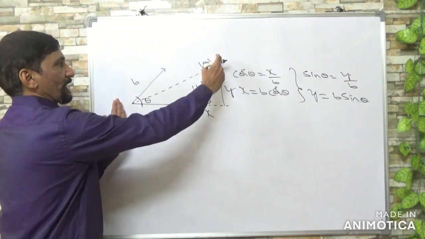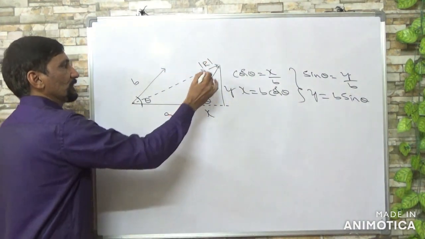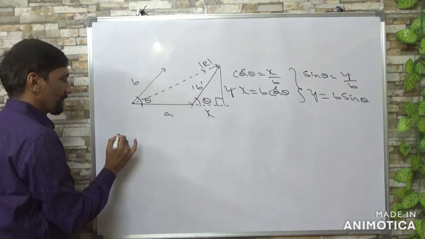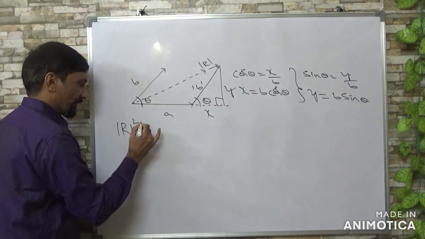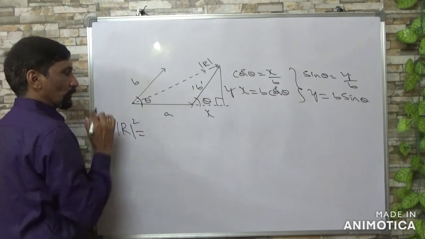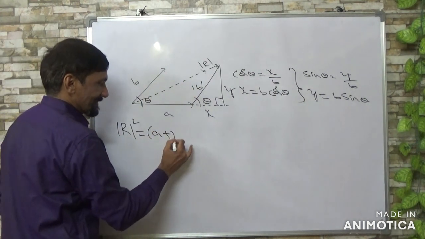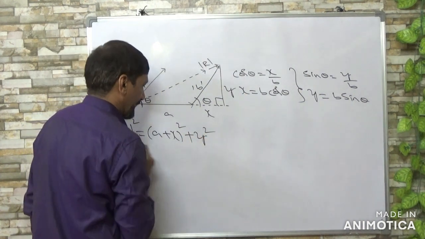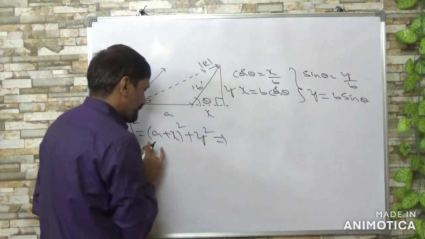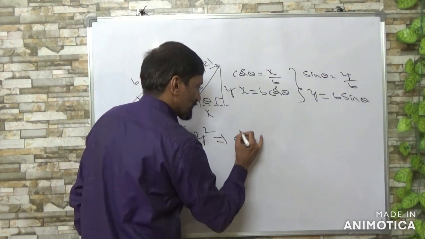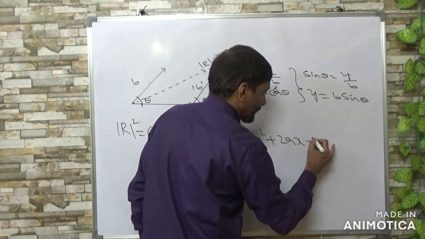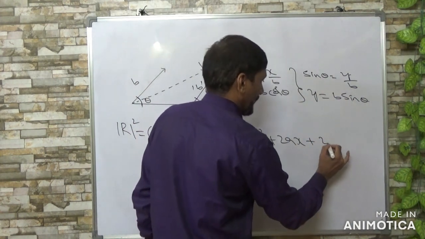Now you want to know the magnitude of this resultant. If you notice, it is a right angle triangle. So mod R square is equal to (A plus X) whole square plus Y square, which is expanded in the form of A square plus 2AX plus X square plus Y square.